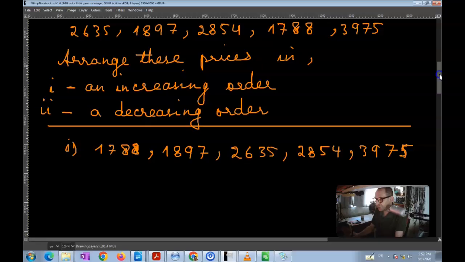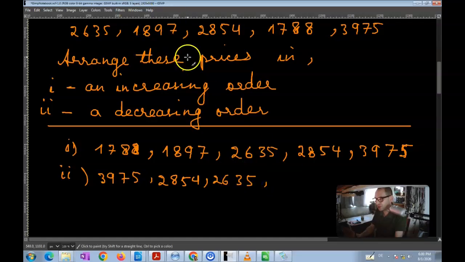Now if you were to write these prices in a decreasing order, of course you would have to start from the largest price and then end up with the smallest price. So then in number 2, the largest price on this list would be 3,975. Then the smaller one would be 2,854. Then the next one would be 2,635.